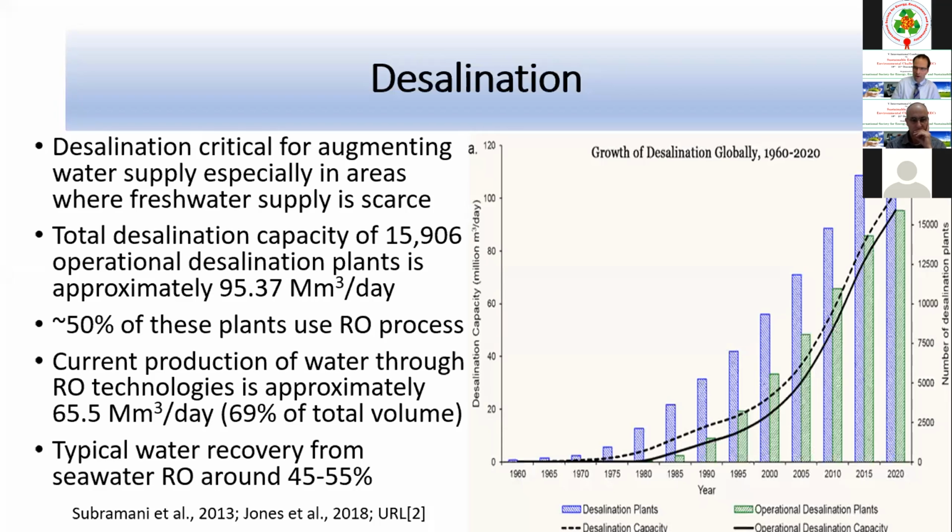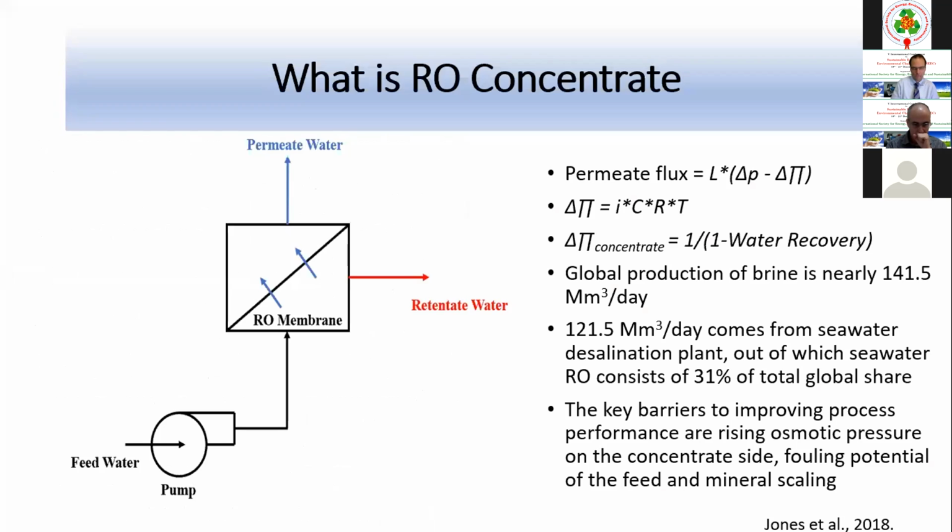So up to 45 to 55% is also generated as waste. This waste is what we are mainly interested in, because it has lots of minerals that can be economically recovered, and water can also be recovered and reused in the process.